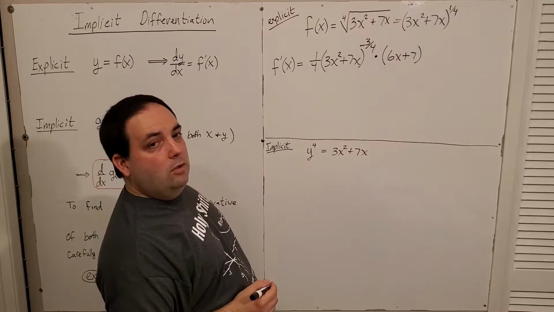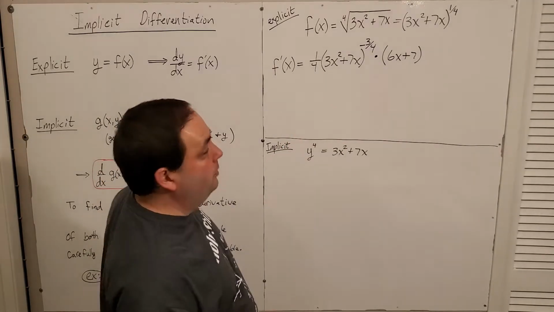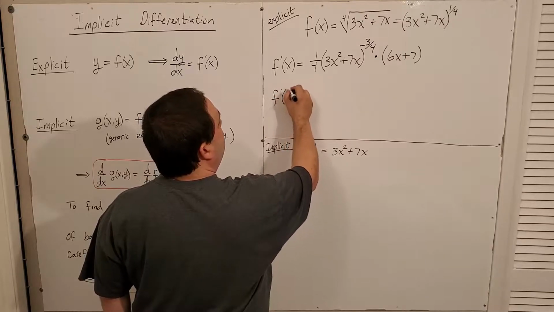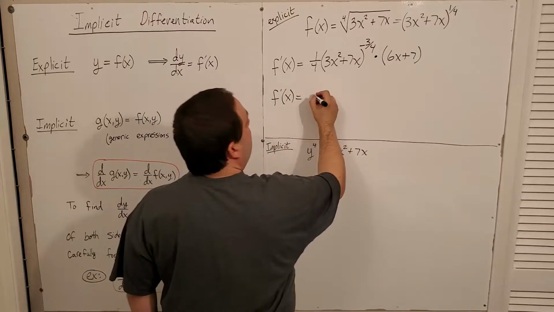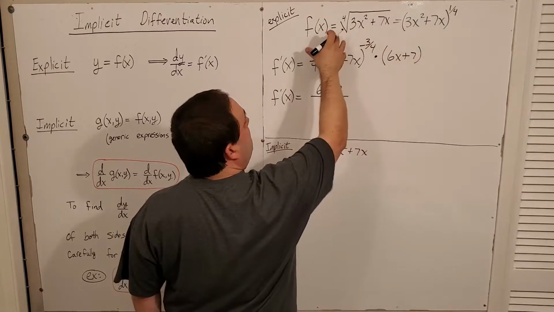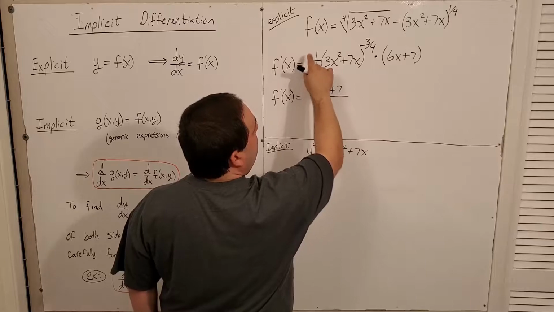And at this point, I'll go ahead and rewrite it so that it looks a little bit neater. My derivative function is 6x plus 7, because it's multiplied into the numerator here, times the 1.